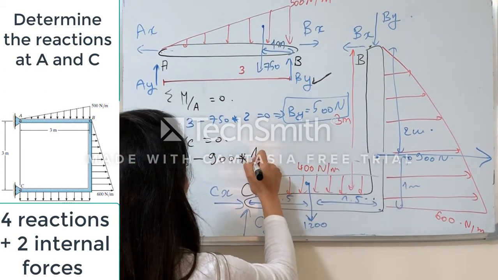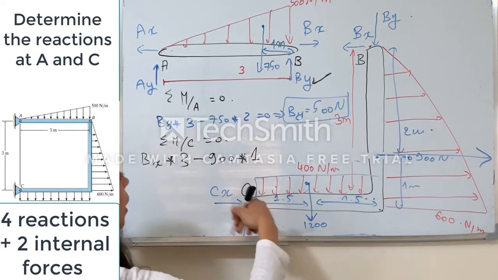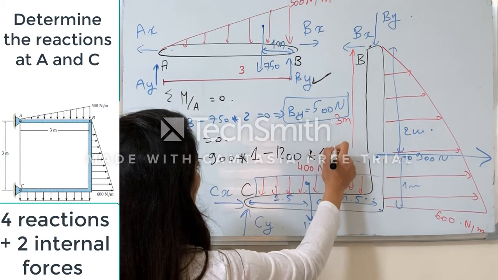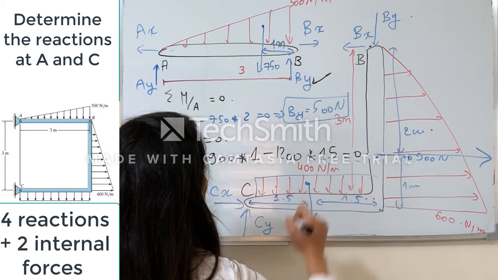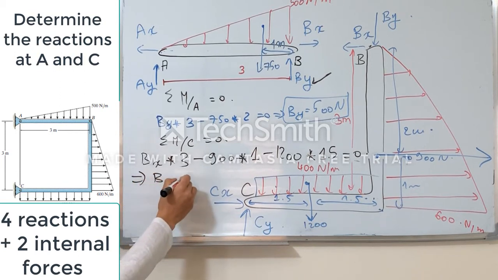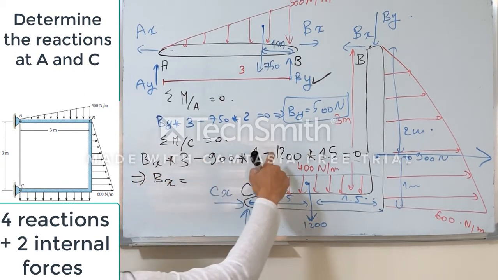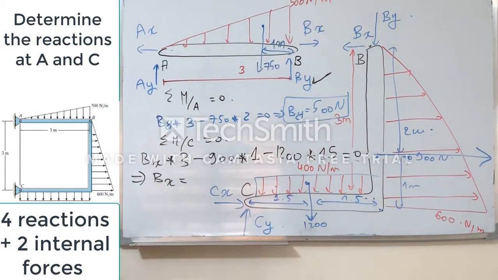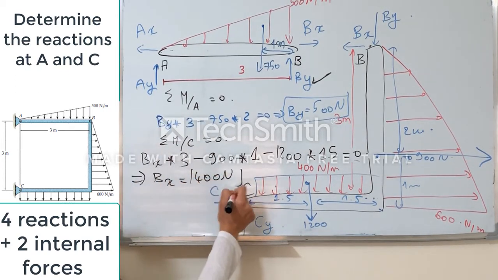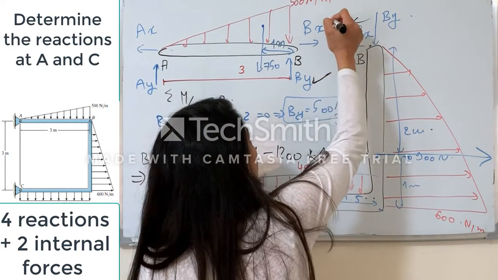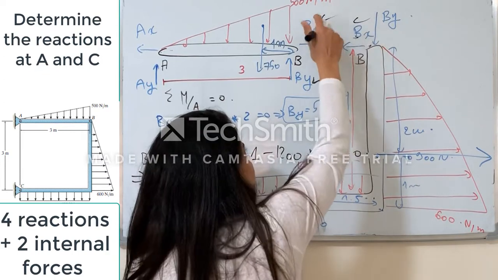Times this distance here, which is 1 meter, minus 1200 times this distance here, which is 1.5, and this should be equal to 0, which means, guys, that Bx is equal to 900 plus 1200 times 1.5 over 3, which is equal to 100 Newton. So this is Bx. It is also positive, which means that this direction is correct and this direction is correct.